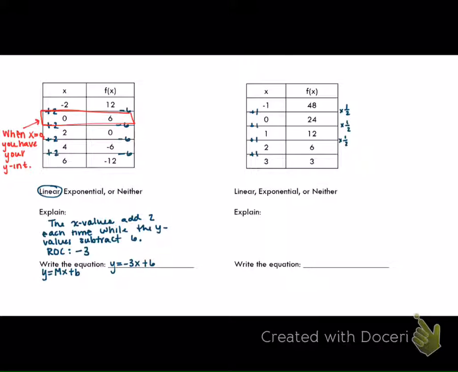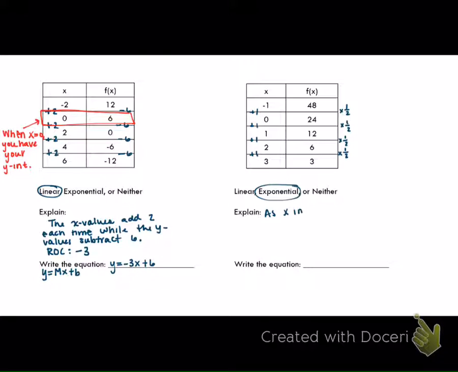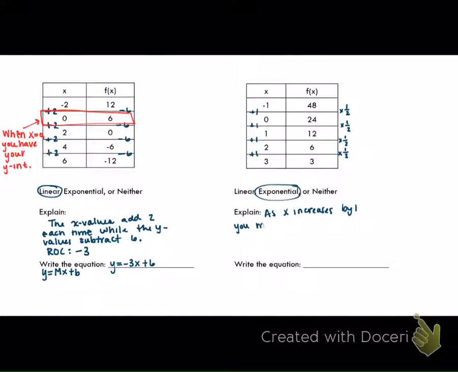And each one is getting to the next one perfectly fine. So you are correct. It's exponential. So as x increases by 1, you multiply the y values by 1/2.